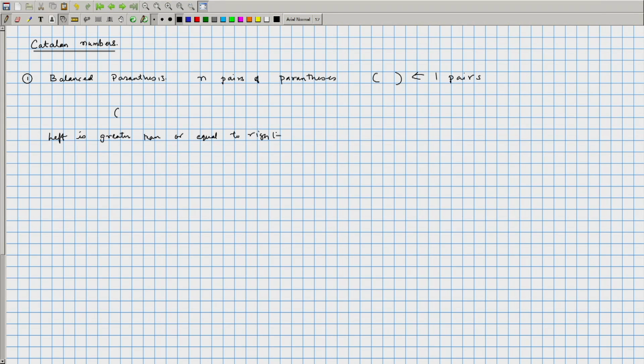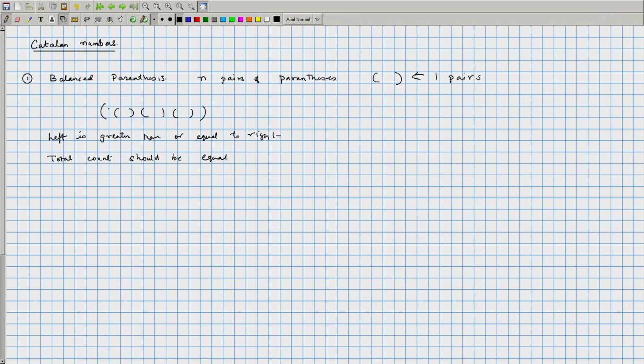Okay. If you look at the number of left parentheses that has appeared in any prefix of your parenthesis, the number of lefts are going to be greater than or equal to the number of right, and total count should be equal. Okay. So, this is an example of a balanced parenthesis.